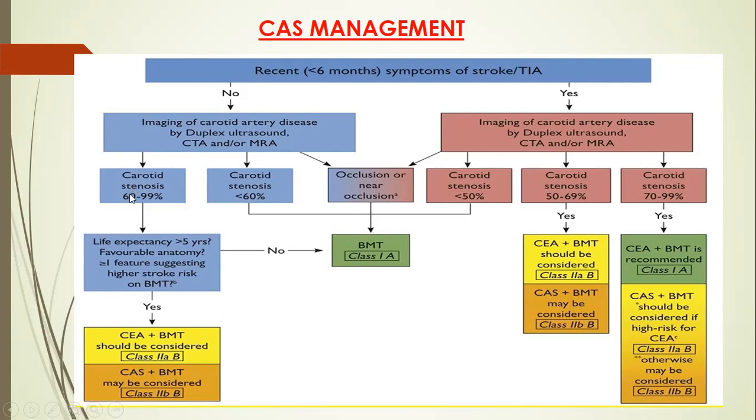If a patient has 60 to 90% occlusion and no prior history of stroke, again you need to decide based on whether the patient's life expectancy is more than 5 years, and factors like neck anatomy at the surgical site and existing severe cardiac illness.